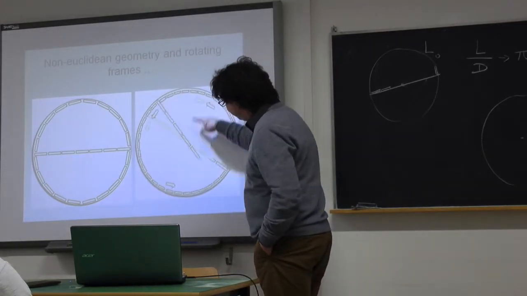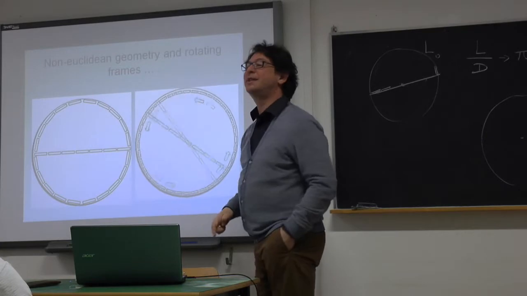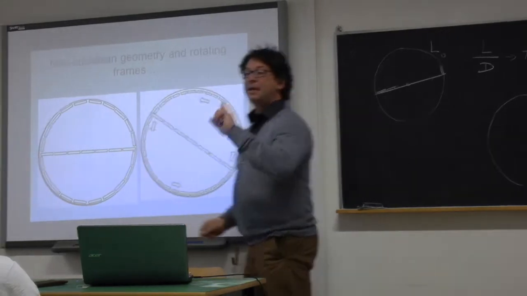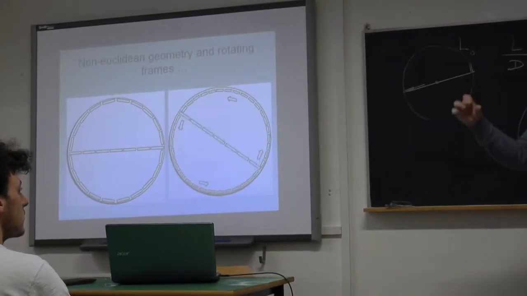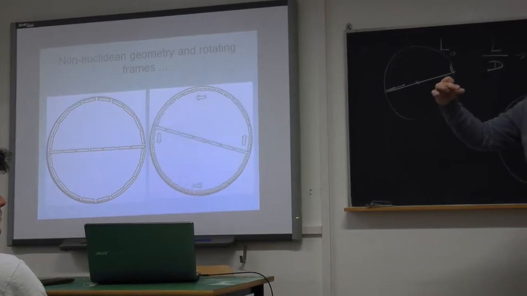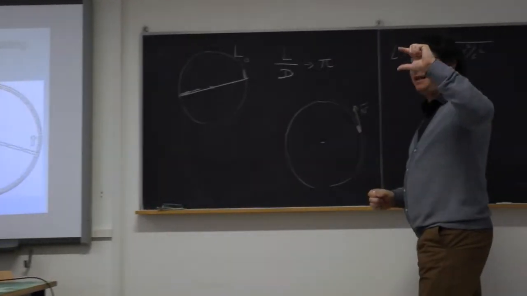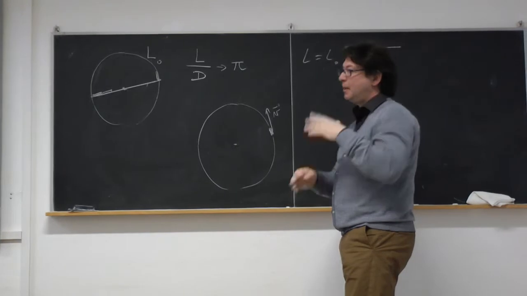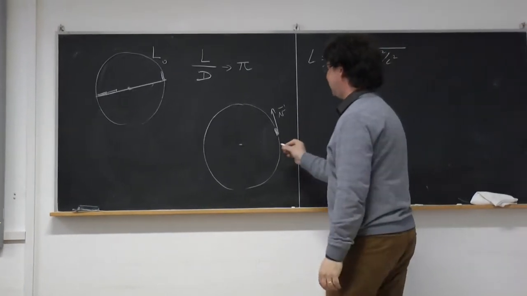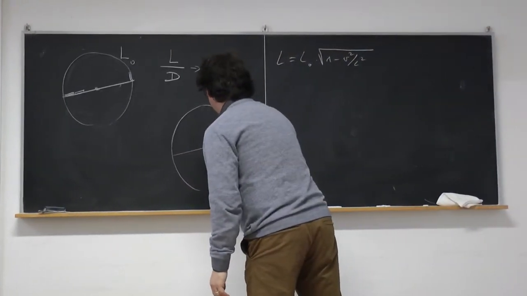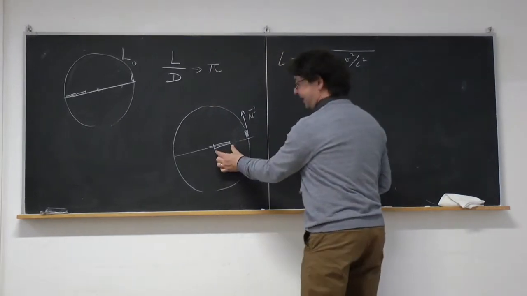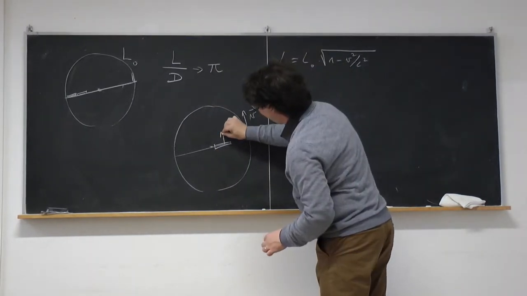On the other hand, the meter rules which are along the diameter do not undergo length contraction in their length, but only in the width. That doesn't matter. You understand? The piece of length here is moving like this.